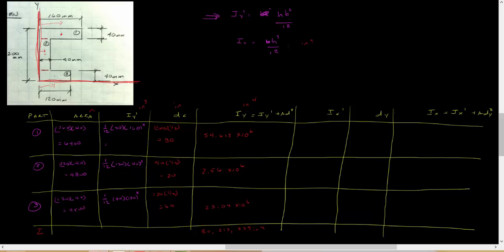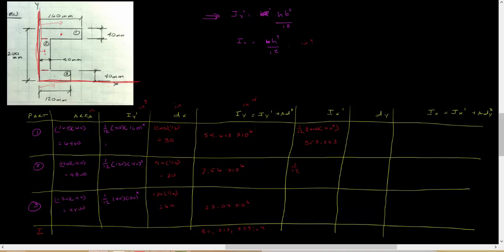Now IX. I'm looking at part 1. The base is 160 and my height is 40. So I have 1/12 times 160 times my height cubed. I have my answers on this one; I didn't have them on the other one, my apologies.